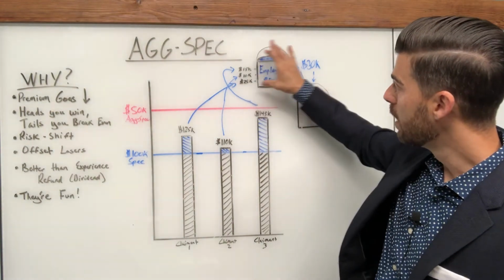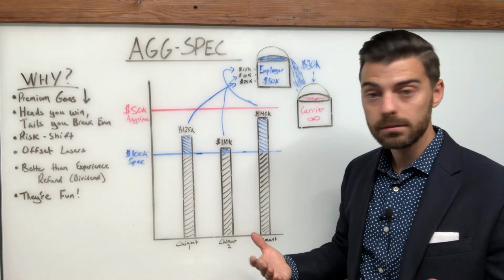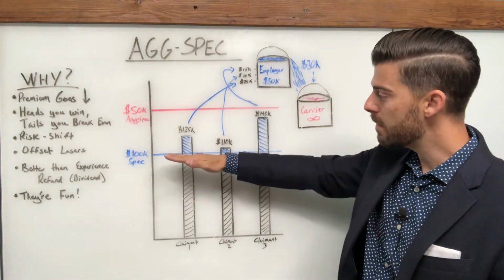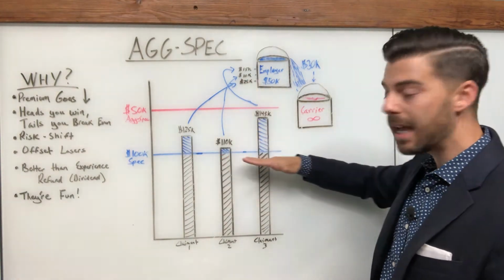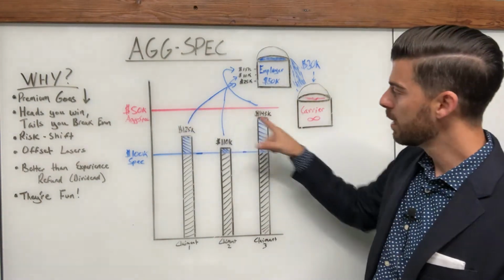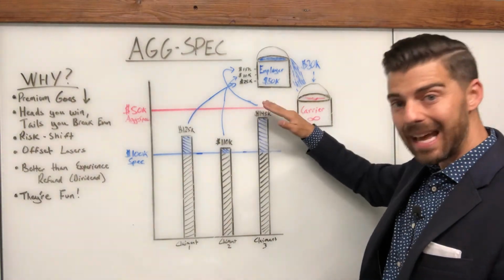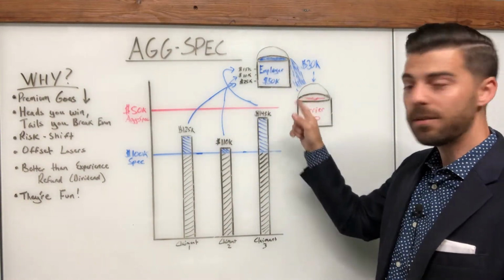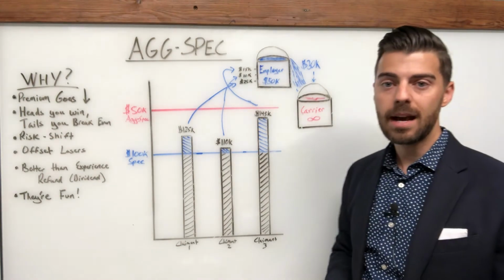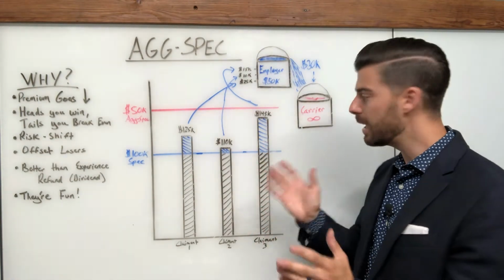So now the employer bucket is full. Their cup runneth over, okay? So obviously this layer has to be breached no matter what, but now, collectively, these three people have satisfied that second layer. That bucket is full, and the rest of it is now falling into the employer bucket. So I did that math again. I'll reiterate it.